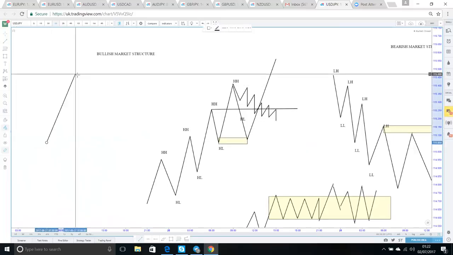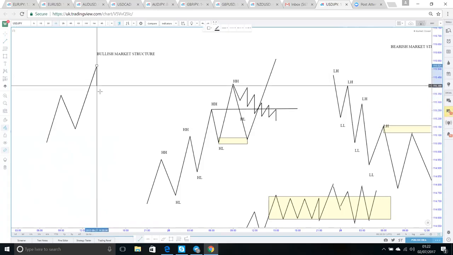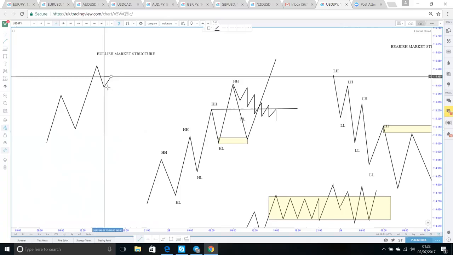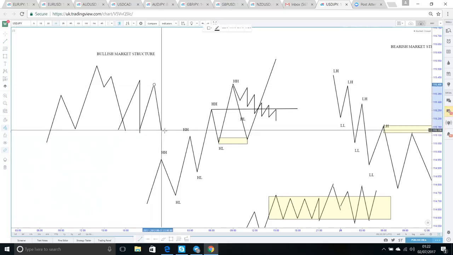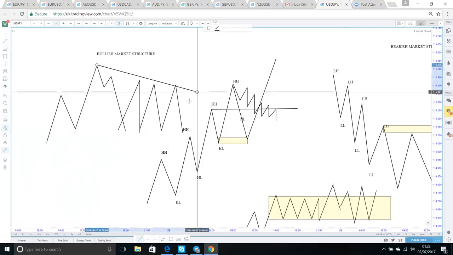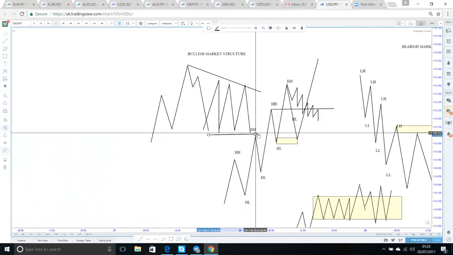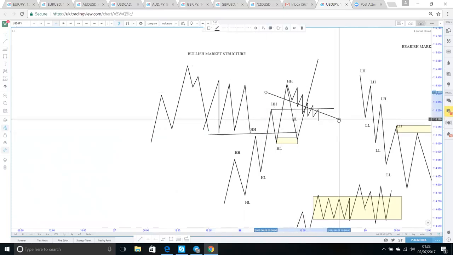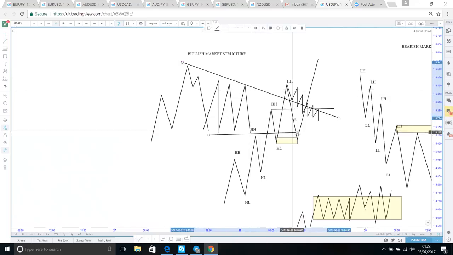Again, if this happens, what is the trend, guys? Anybody? You will see these pattern formations, by the way. What is the structure, guys? Anybody tell me about the structure?